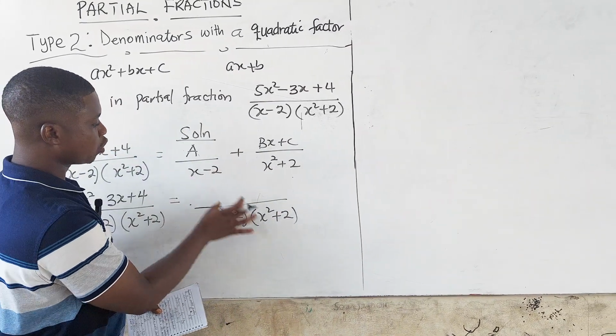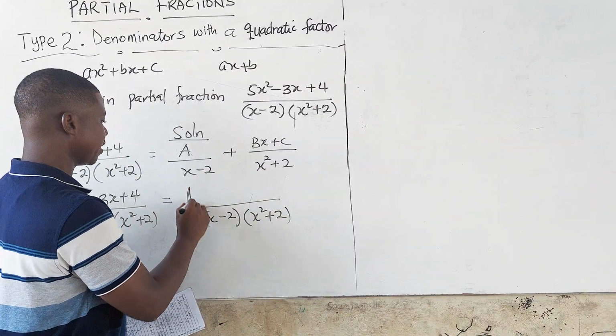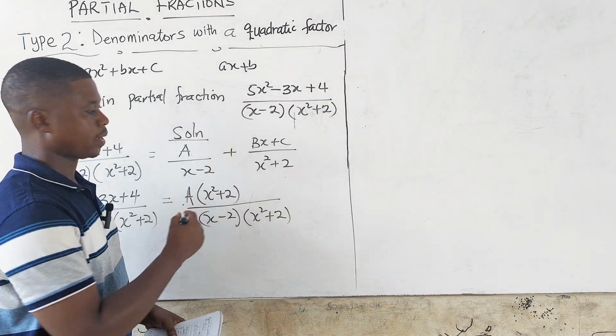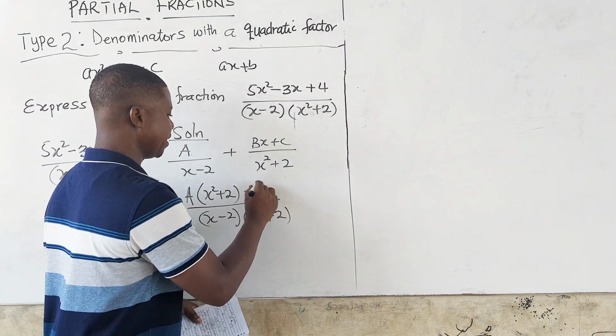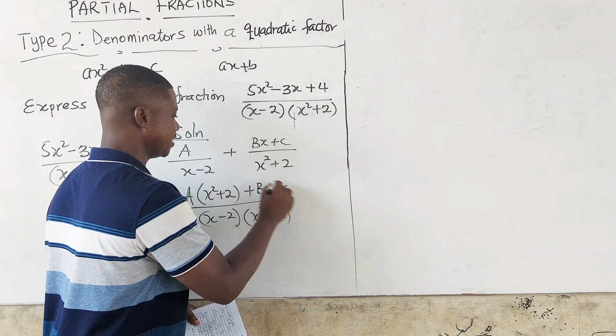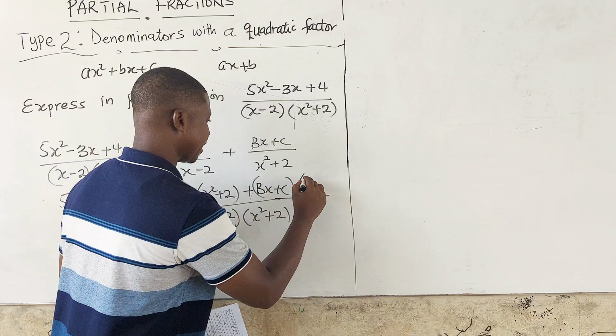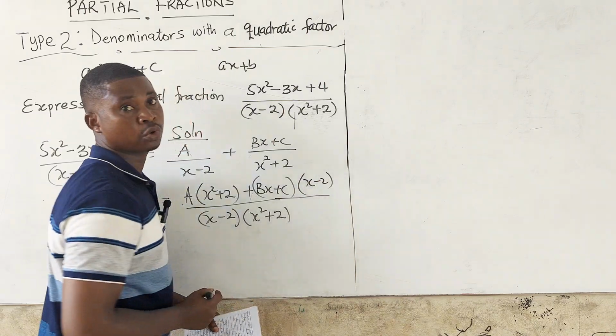So with this goes here, this will cancel out. So we have A giving us x squared plus 2 plus bx plus c. This will cancel out, multiplying x minus 2.